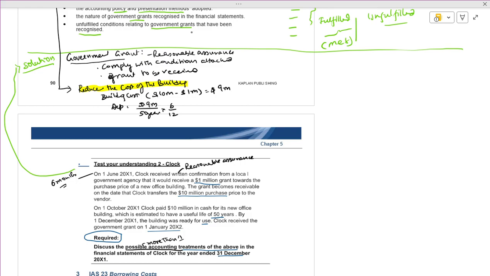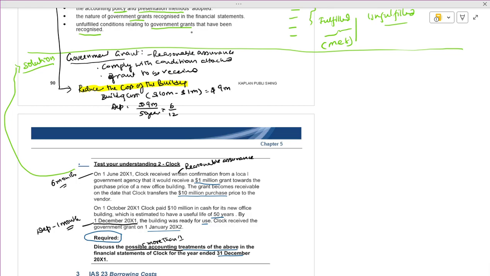9 million. June 1st, Clock received written confirmation. It has been ready for use on 1st December, and depreciation will be for 1 month.